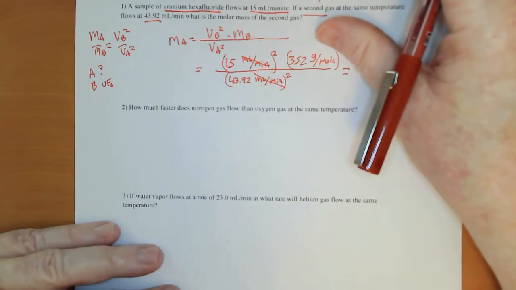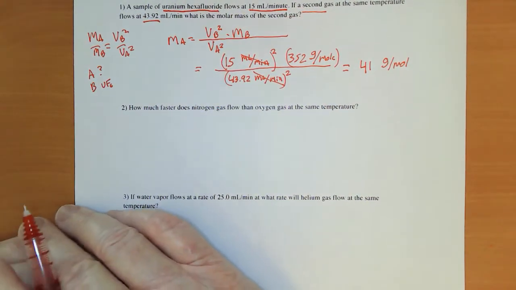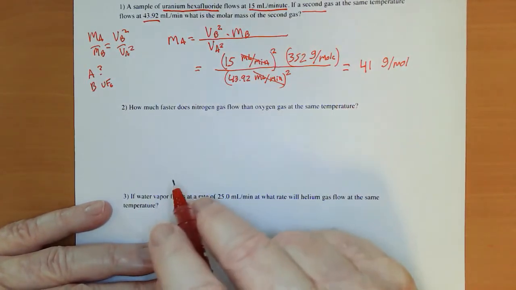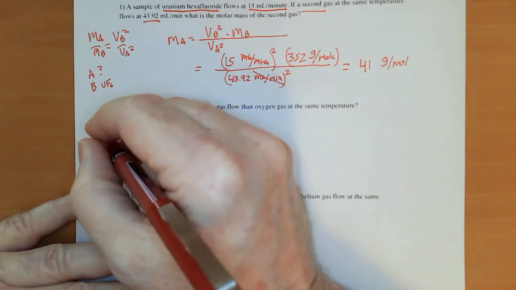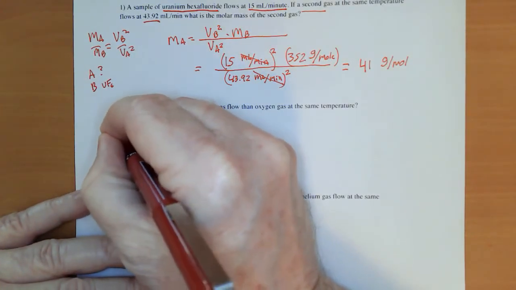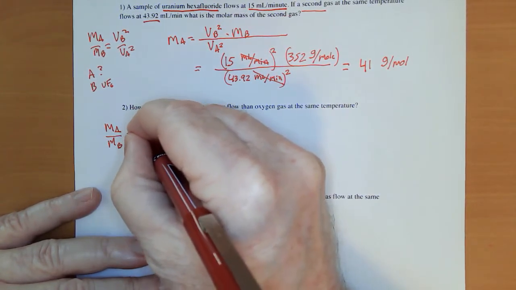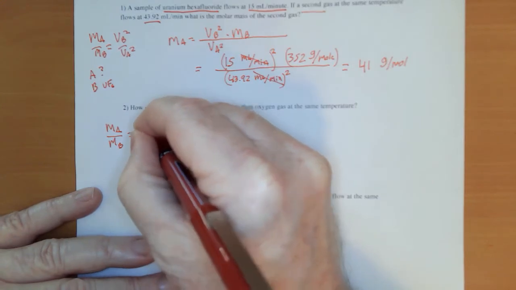Now, a much more relevant question. How much faster does nitrogen gas flow than oxygen gas at the same temperature? So, I'm going to take my mass of A over my mass of B, molar masses, equals velocity B over velocity A, and these are squared.